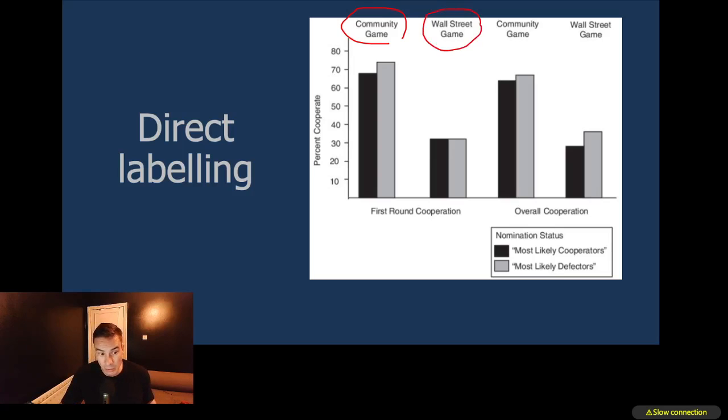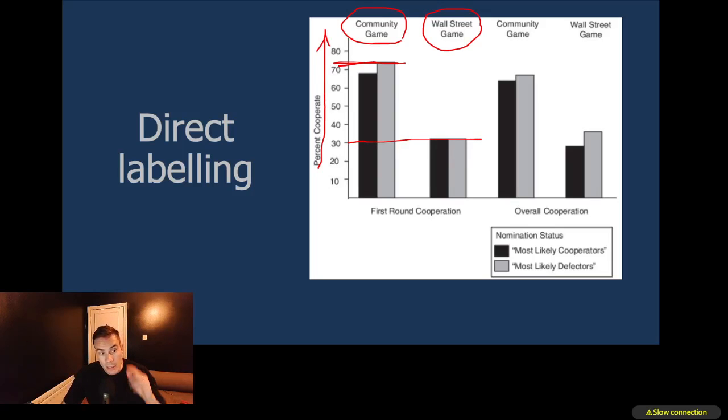This is a game, a prisoner's dilemma, that can test cooperation. So the higher the numbers here on the y-axis, the more people cooperated. And here you can see on the x-axis that people who thought this is a community game cooperated much more than people who were told it was the Wall Street game.